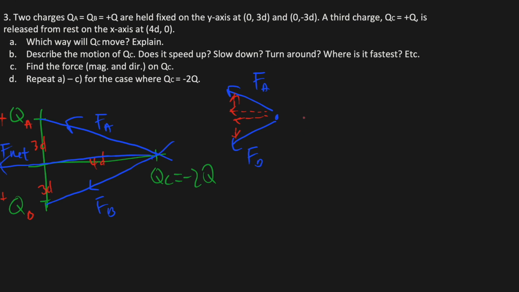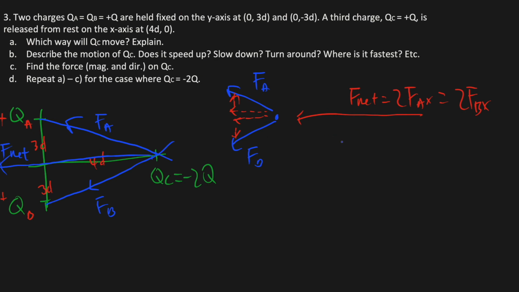Then it turns something like this, where the net force is equal to 2FAX is equal to 2FBX. Right? Because FA and FB are equal in magnitude.